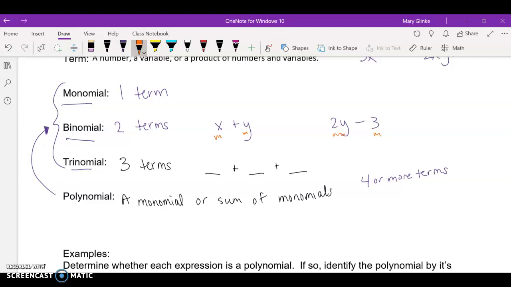Now we need to know what a polynomial is. We also need to know what some things that make something not a polynomial. So for instance, something is not a polynomial if it has negative exponents. So polynomials can't have negative exponents.